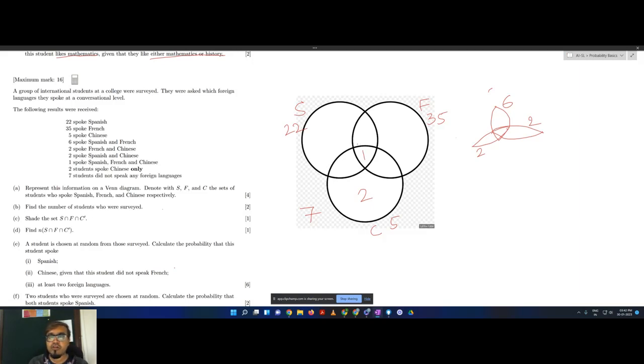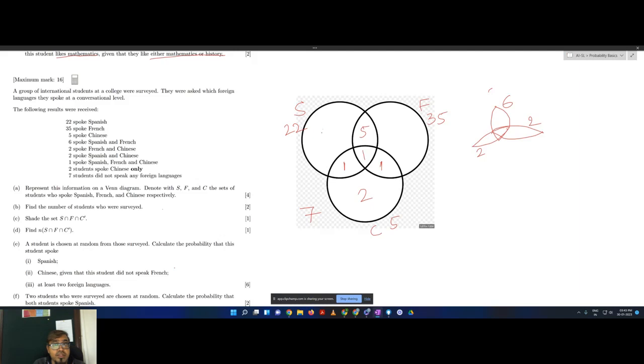Now we can easily fill out the other regions here. So if you look at this region, S intersection F is 6. So if you look at this alone, it's going to be 6 minus 1, which is 5. So 5 plus 1 adds up to 6. Similarly, 1 plus 1 add up to 2 here, and 1 plus 1 add up to 2 here. So 22 spoke Spanish.